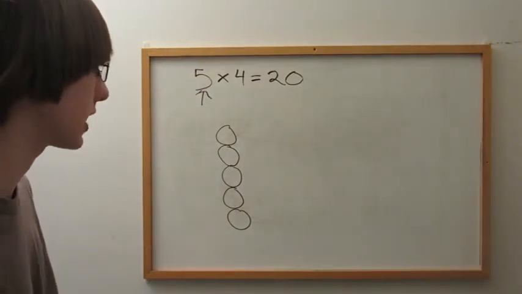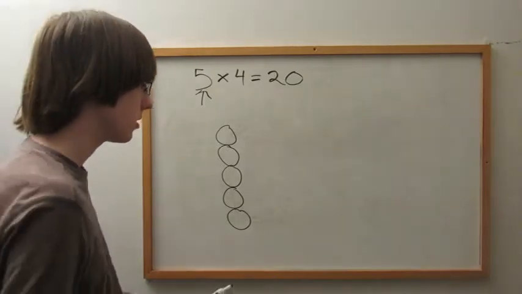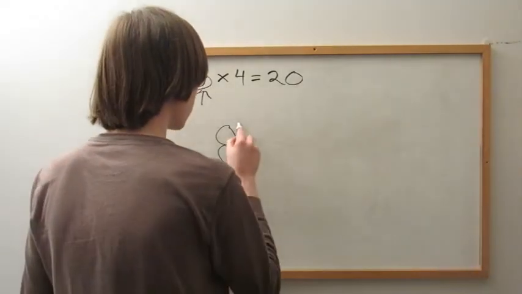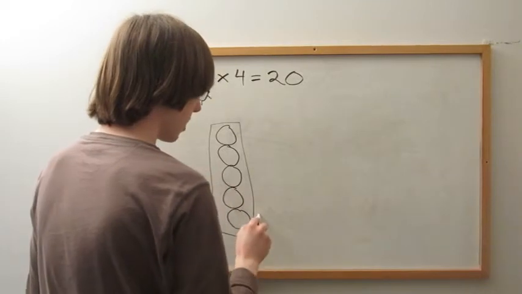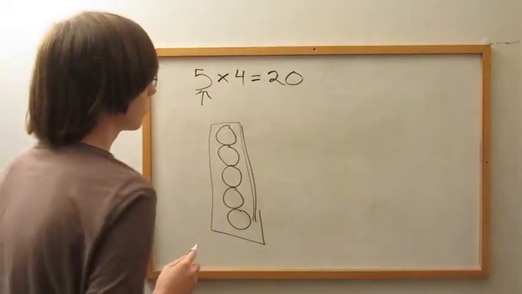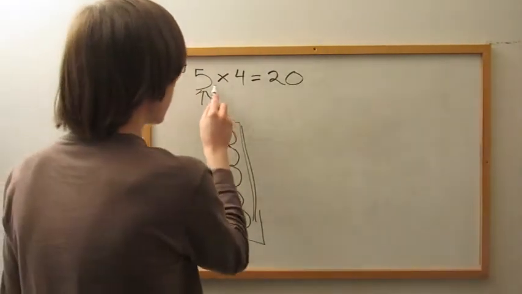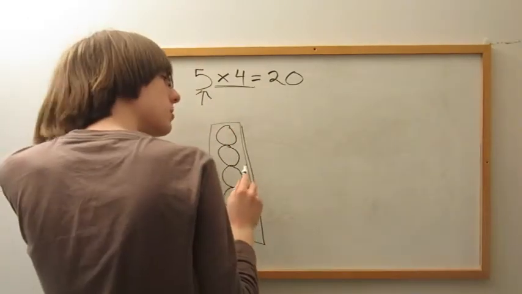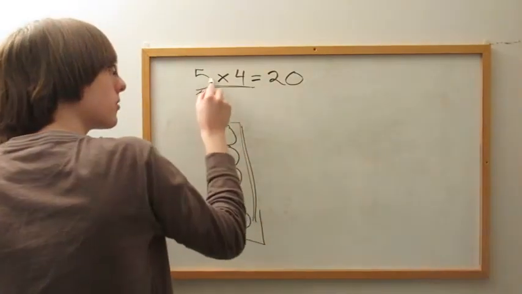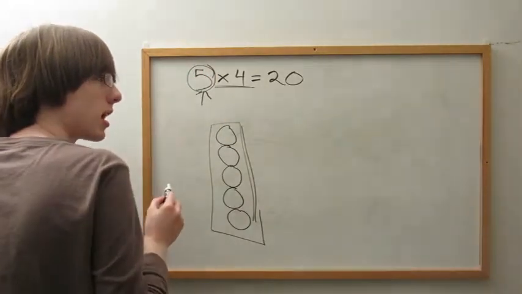Well, we're multiplying it by 4, so what does that mean? Well, it means we're taking an entire group. We're having 4 of that group. So this times 4 means that you have 4 of whatever this is as one group.